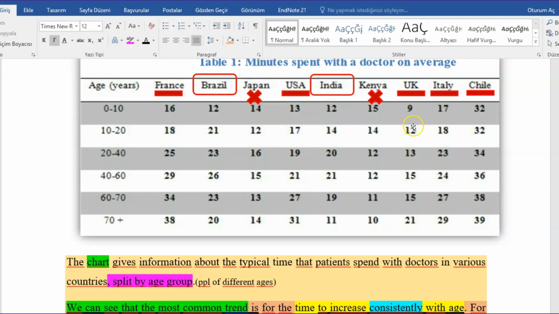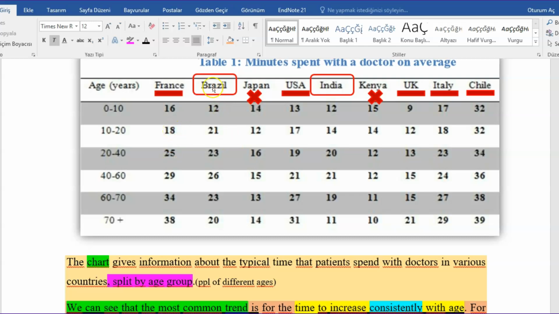The UK, again, from 9 to 21, a rising pattern. Italy from 17 to 29, and Chile from 32 to 39. Therefore we can set a group, and in our group we have France, the USA, the UK, Italy, and Chile.